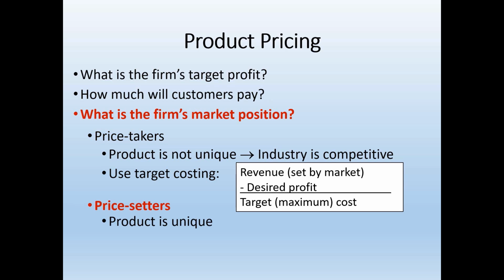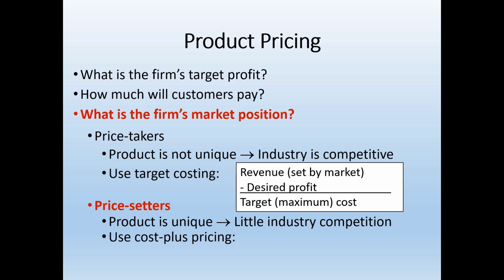By contrast, price setters are firms that offer a product that is significantly different from the products offered by its competitors. Because of that, there's very little industry competition. Customers who want that particular thing would have to pay whatever the firm asks.